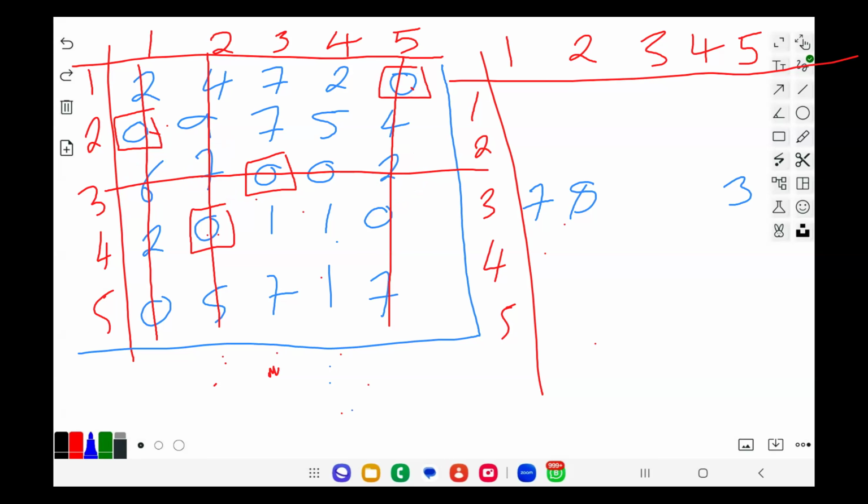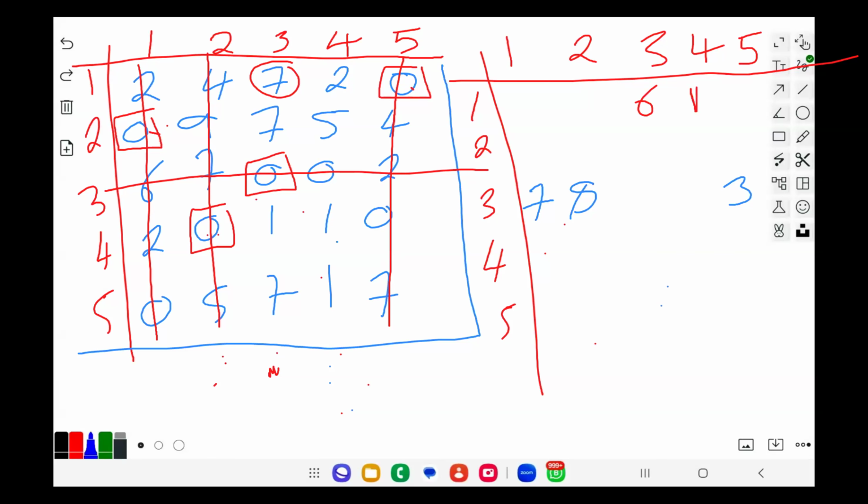What's the next step? You subtract the minimum value from all undeleted cells. So undeleted cells include 7 here. 7 minus 1 is 6. 2 minus 1 is 1.